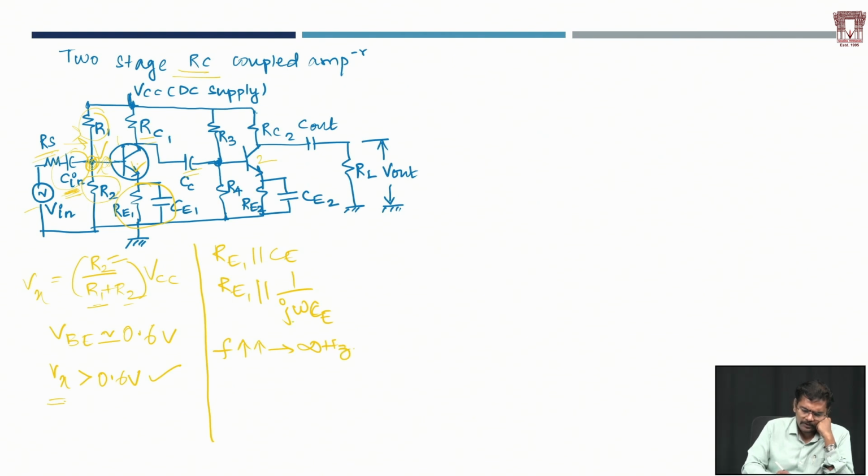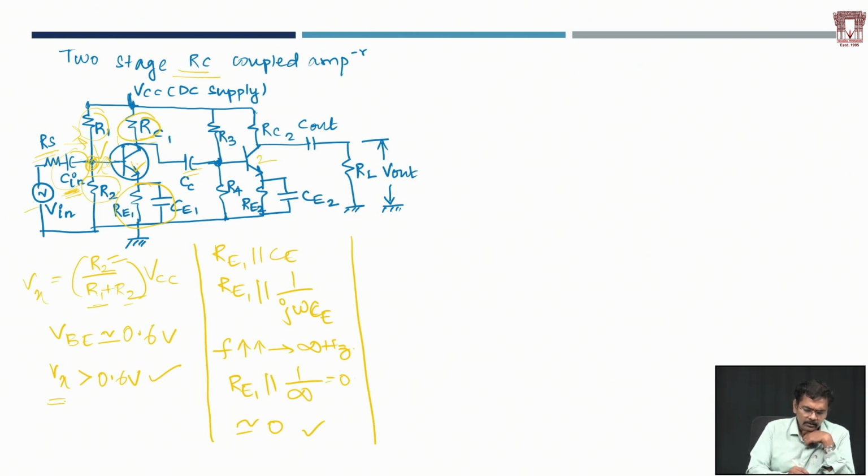Then RE1 becomes parallel to 1 by infinity, which is approximately equal to 0. A high value resistor in parallel with a low value resistor, the net resultant is always going to be the low value resistor. Let's remember this, and then go to the next one.